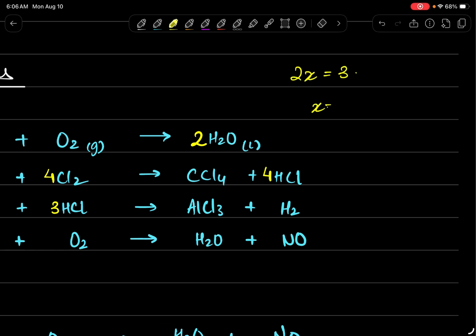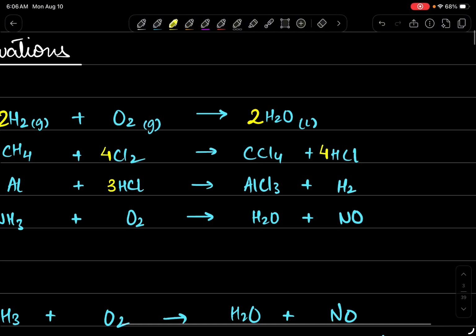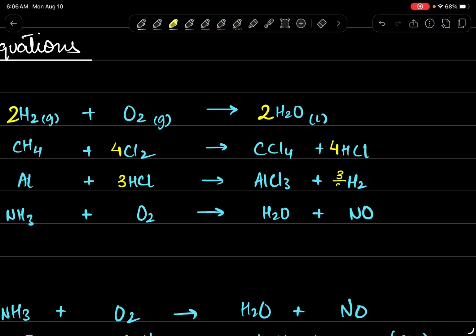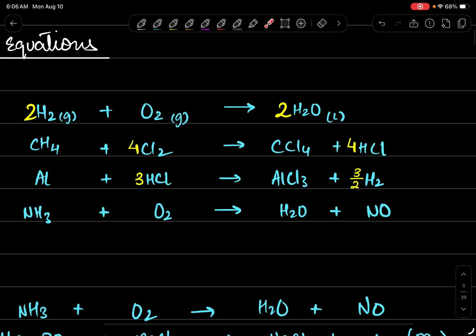It's actually 1.5 or 3 by 2, right? So if we multiply this by 3 by 2, that will fix our answer. So now we have 3 hydrogens here, because this is 3 by 2 times 2, which is actually 3. So 3 hydrogens here, 3 hydrogens here, 3 chlorines here, 3 chlorines here, 1 aluminum there, 1 aluminum there.